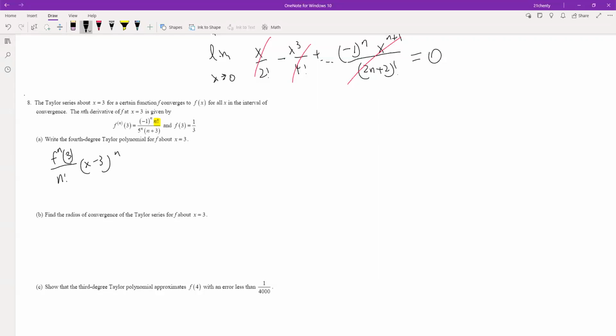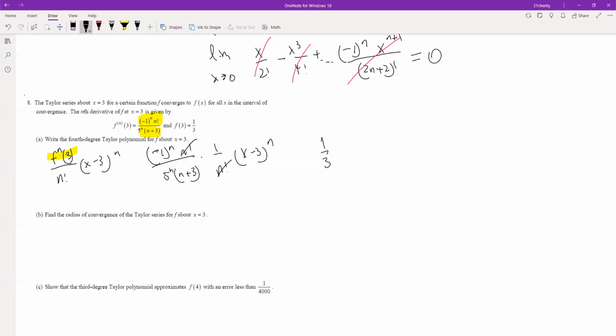So if we replace this with this whole thing, we do this, times 1 over n factorial. And so these just cancel out. And then x minus 3 to the n. So the first term is given, 1/3.